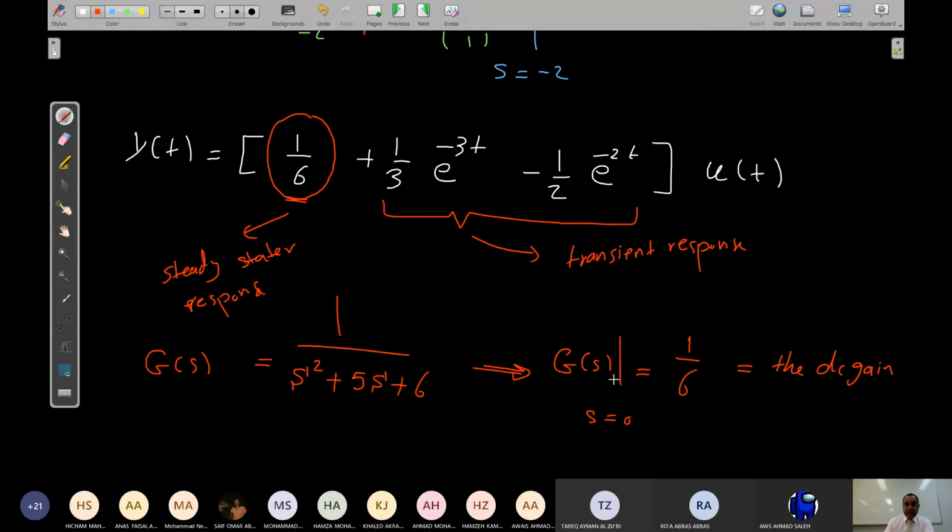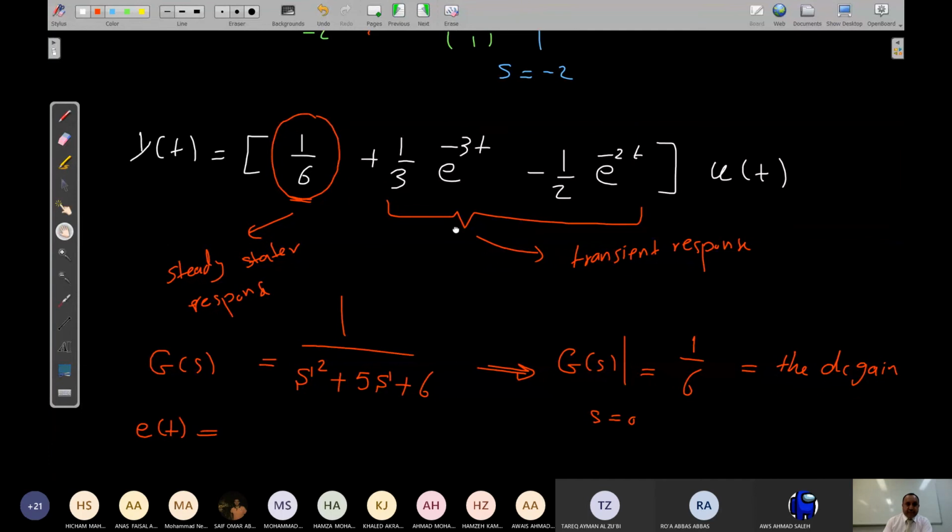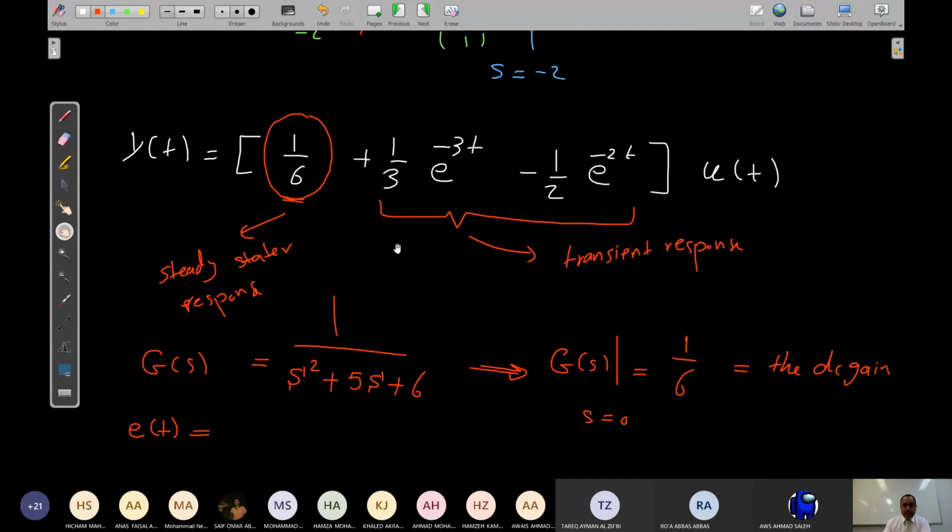This is very important. Now, if I ask you to give me the value of the error, E of t, or let's say E steady state, equal to what? The error. 5/6, but this is one value.